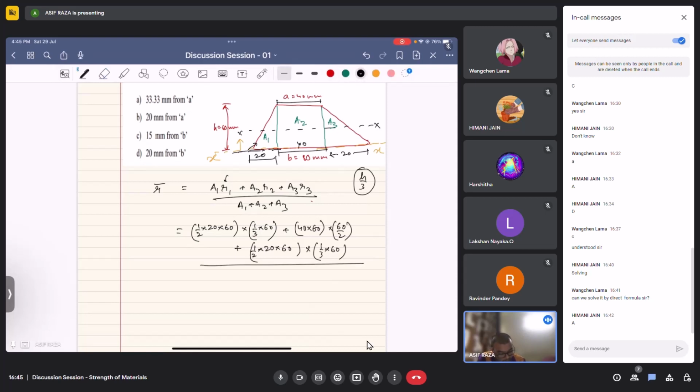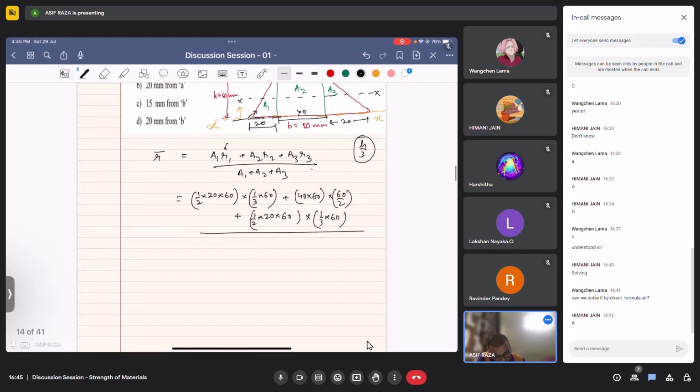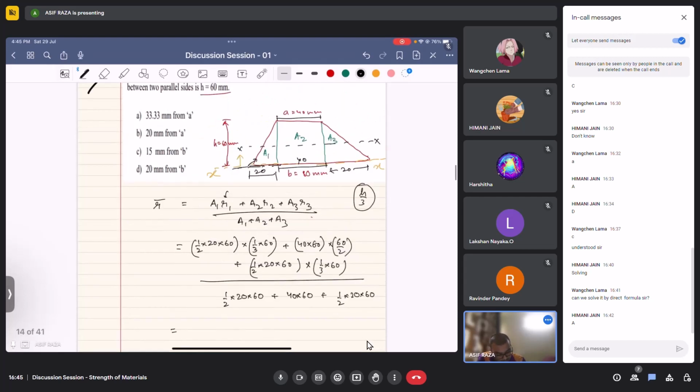Divided by the area of all these sections: 120 plus 40 into 60 plus 120. So what I have calculated is R1, R2, R3. I'm trying to find R bar now.